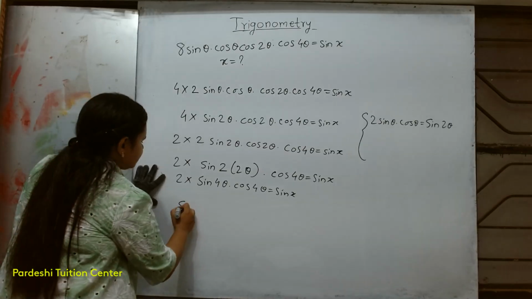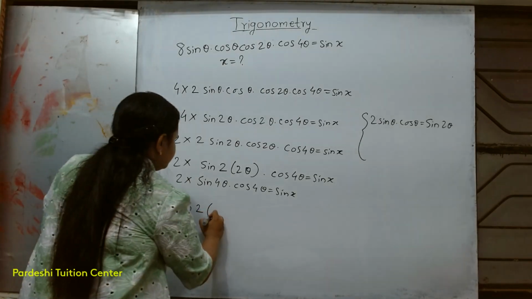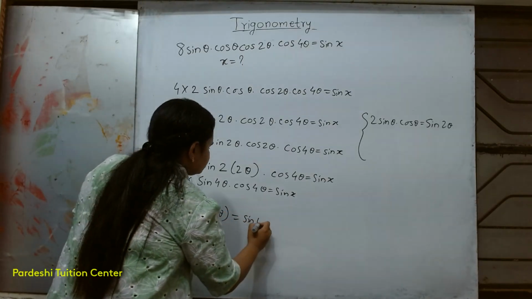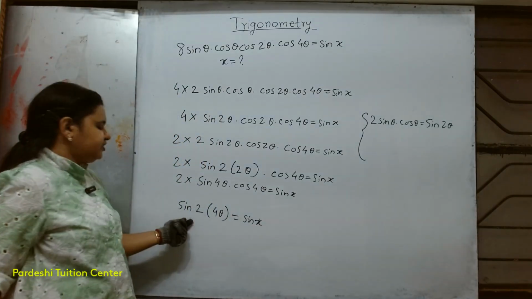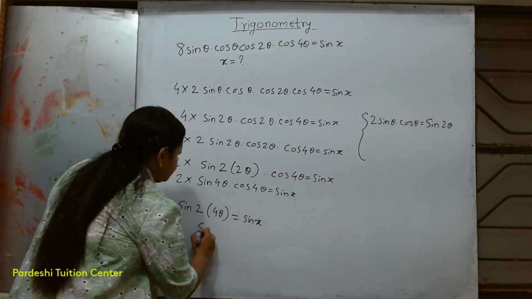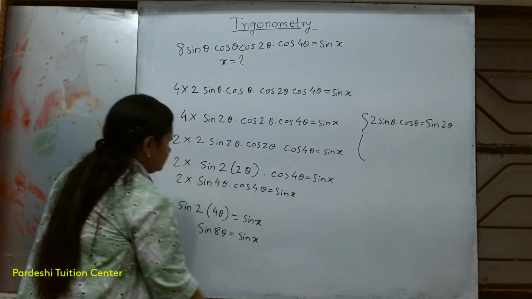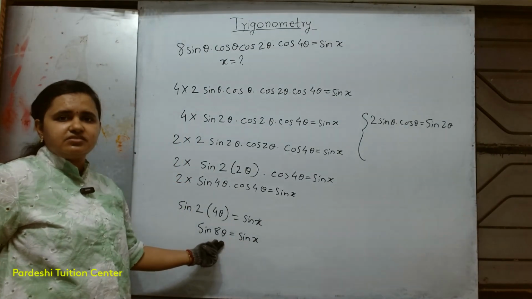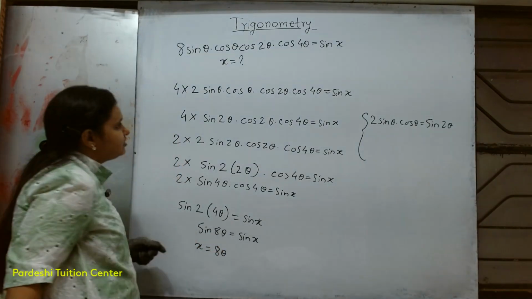So we can write sin 2 into 4 theta equals to sin x. Now it will be sin 8 theta. Now from this the value of x is calculated as 8 theta. So x will be equals to 8 theta.